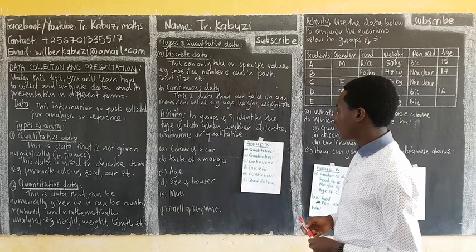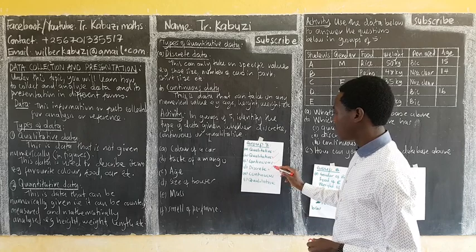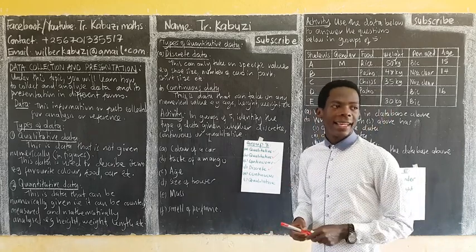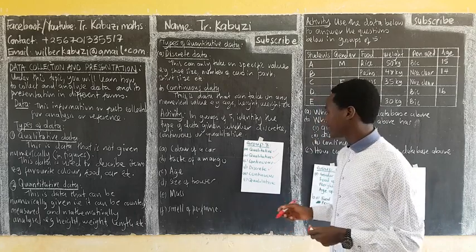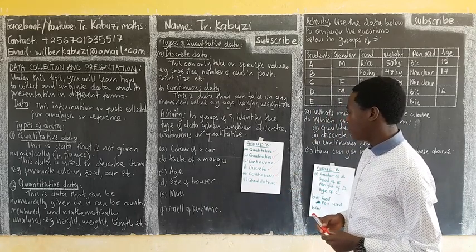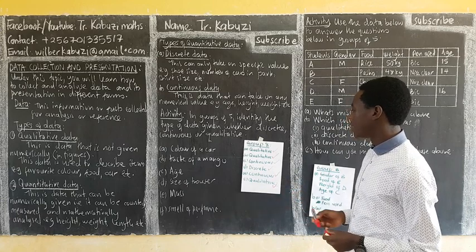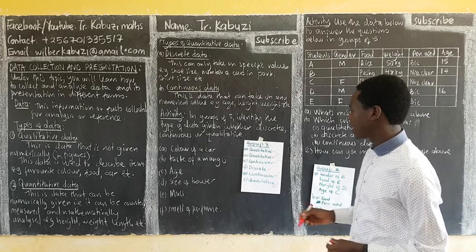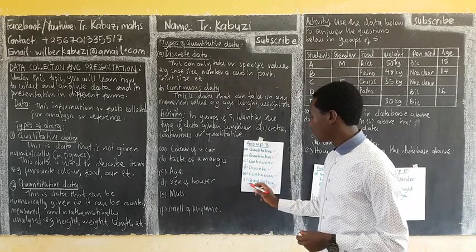Then size of a trouser, discrete. Then mass. Are they right? They're telling us that it's continuous. Then we have smell of a perfume. Also, this is going to be qualitative. So here we are taking 6 out of 6.